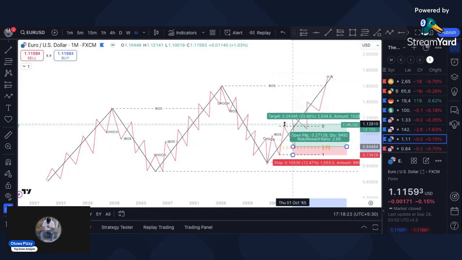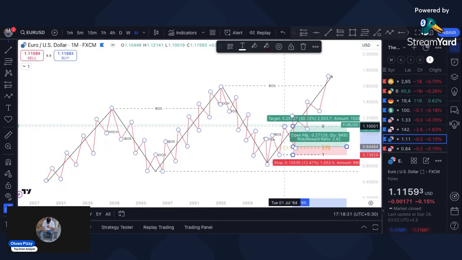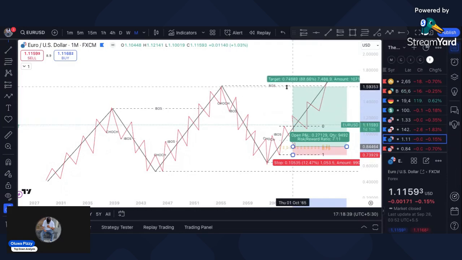Let's say for instance, I'm not a swing trader. I'm a day trader. So I don't want to keep my TP up to this moment because nobody knows what the market is going to do.